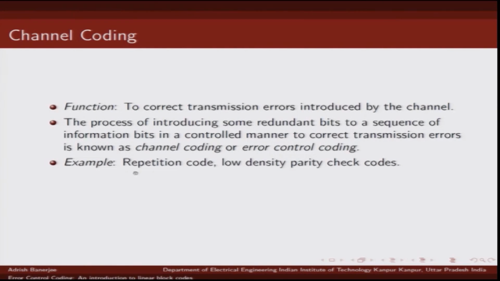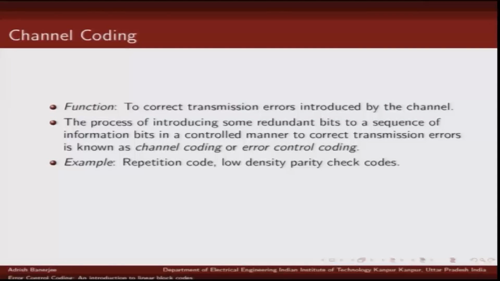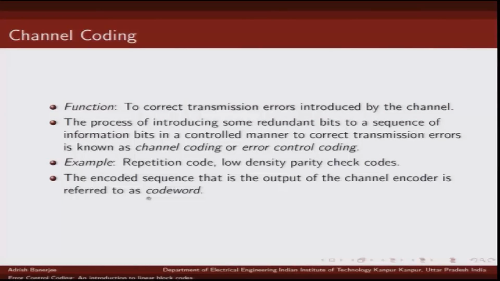In the last lecture, I gave an example of a very simple code, the repetition code. Throughout this course, we are going to talk about other examples of error correcting codes. We use the term code word to denote the encoded sequence out of the channel encoder.